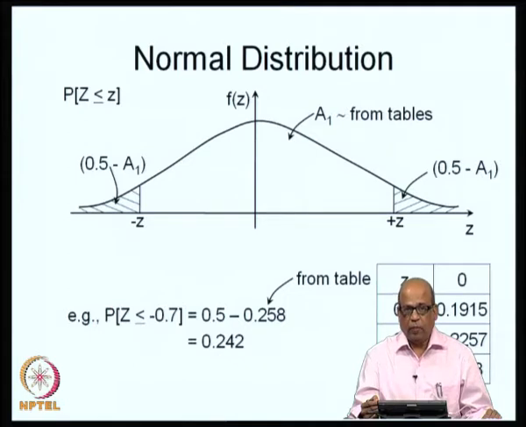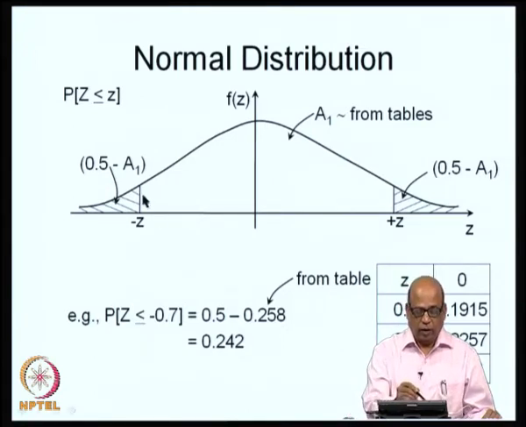So, we use that fact, obtain the areas from the tables and convert them into the probabilities that we are interested in.